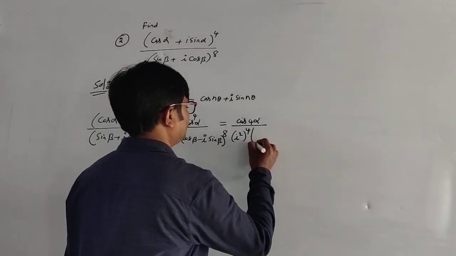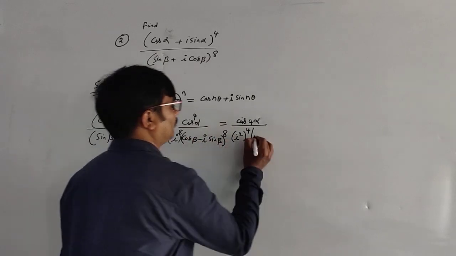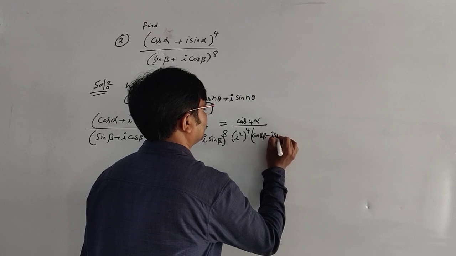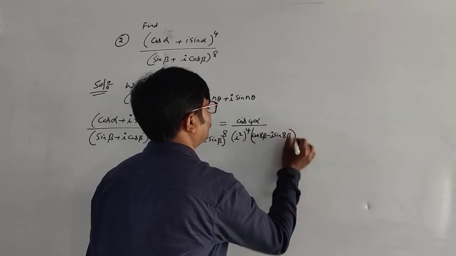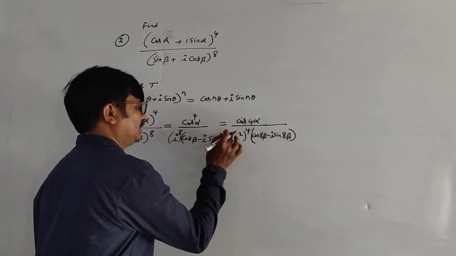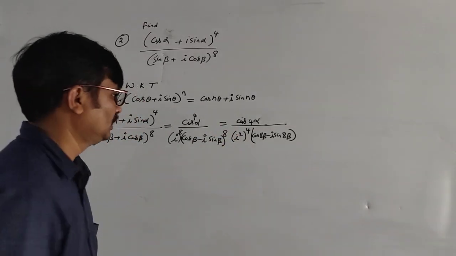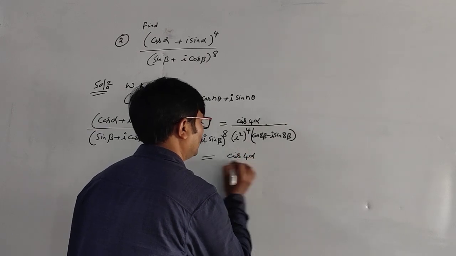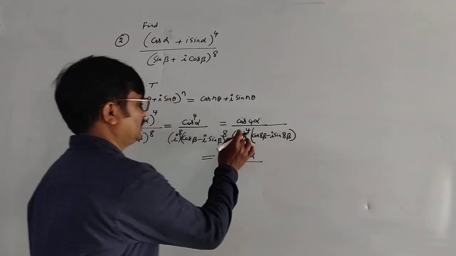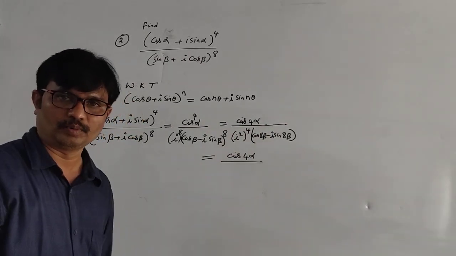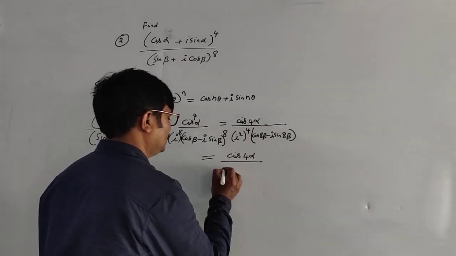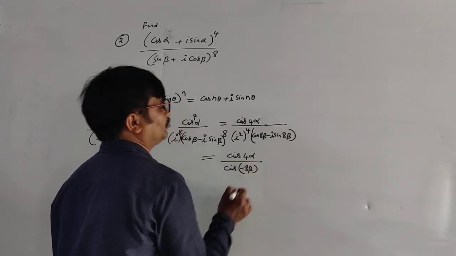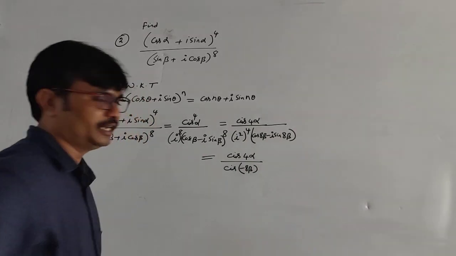After that students, this is cos 8 beta minus I sin 8 beta. Now students, this can be written as cos 4 alpha plus I sin 4 alpha upon cis of minus 8 beta.